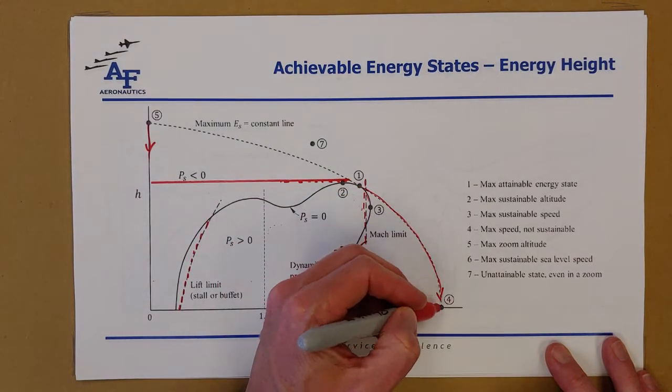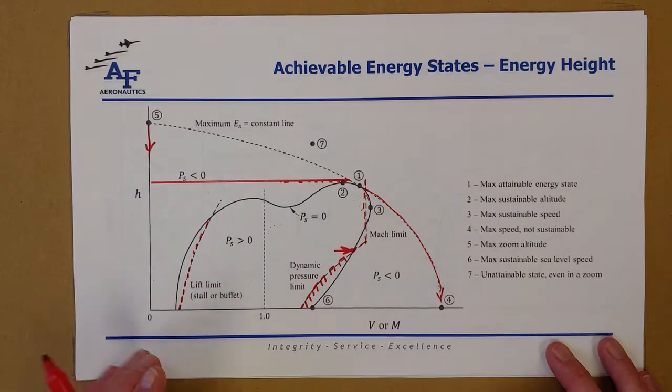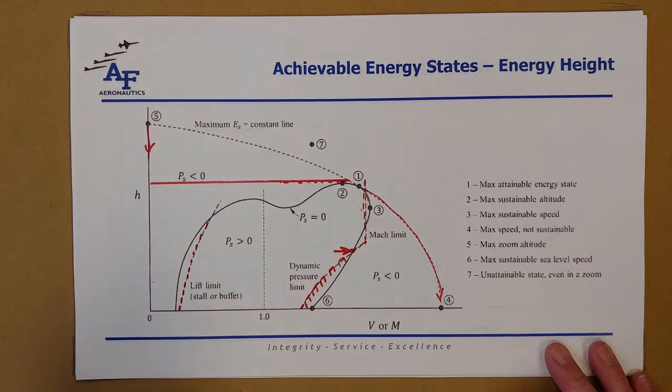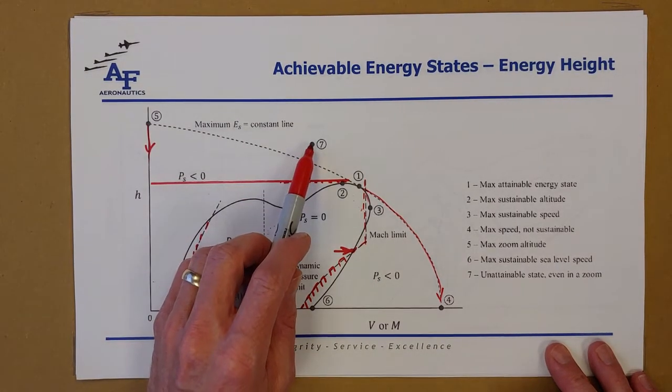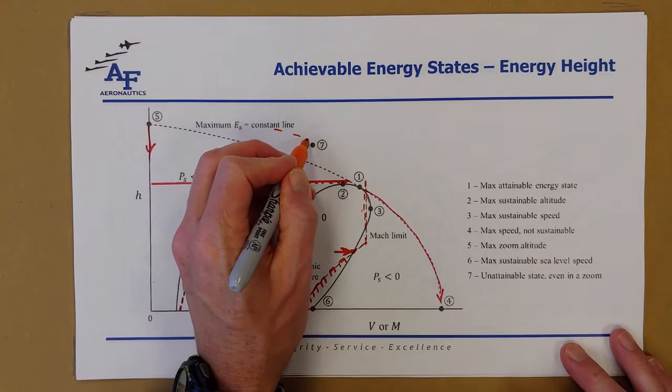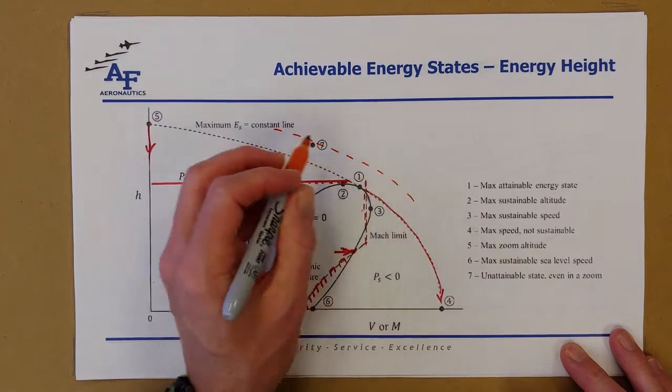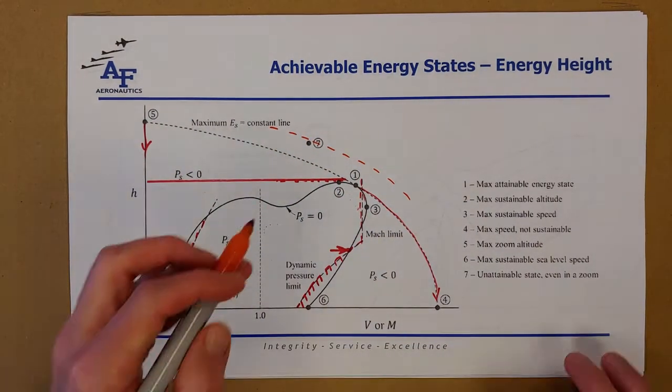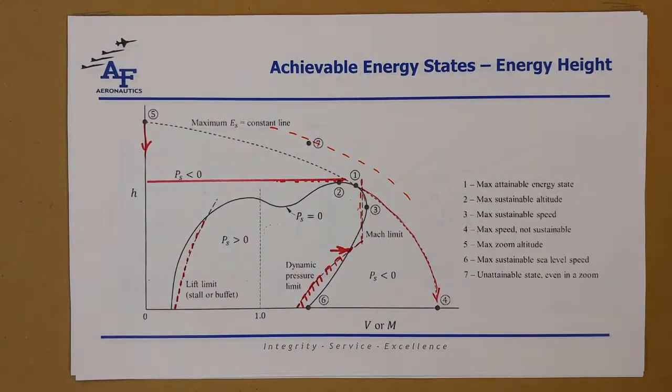In theory, you could get there, but again, you've exceeded the Mach limits. Point 7 is an unattainable spot, because the energy height line through point 7 exceeds where your P sub S equals 0. So there is no physical way that you could get to point 7.